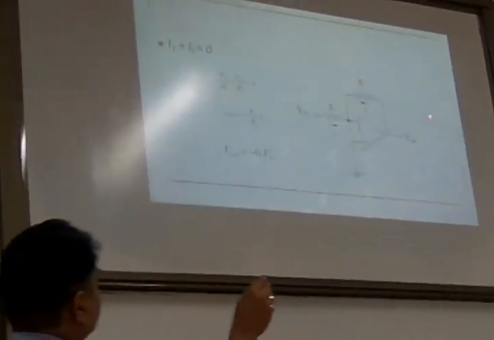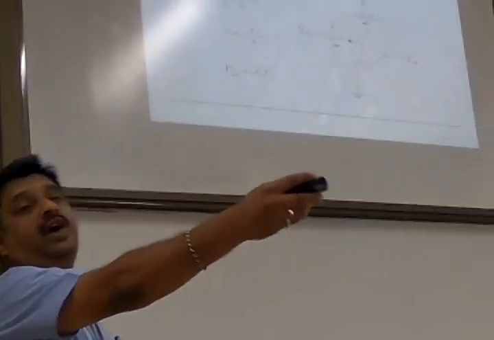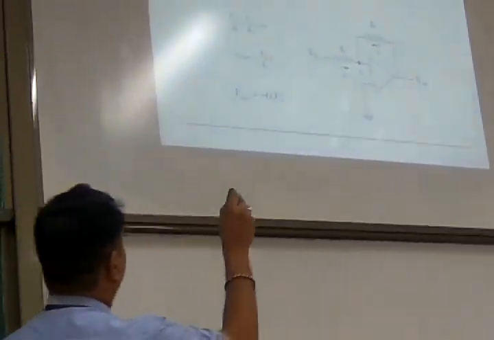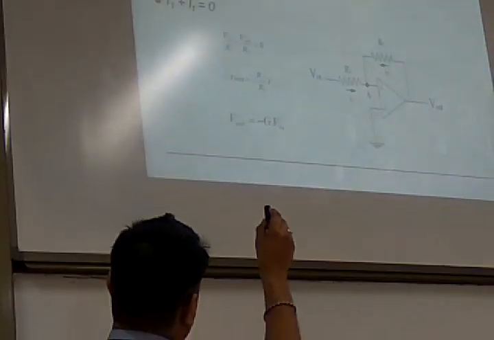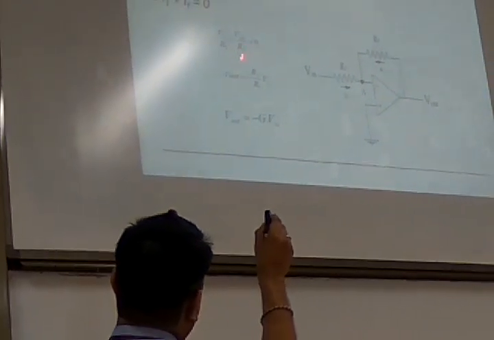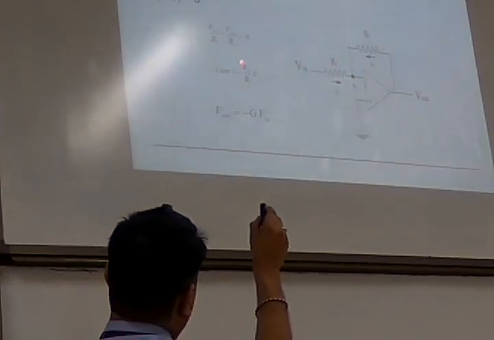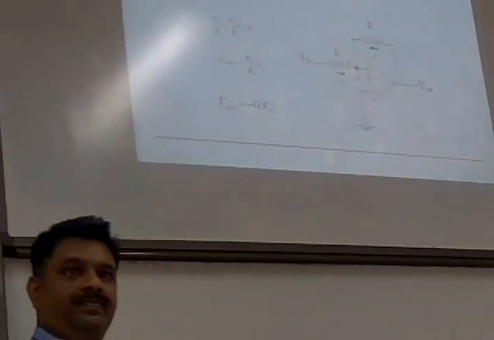Now, I know my input voltage. I am only interested in what my output value is. So the output voltage V out is equal to, you bring that side, minus V in by R1. You take RF upside, it becomes minus RF divided by R1 times V in.